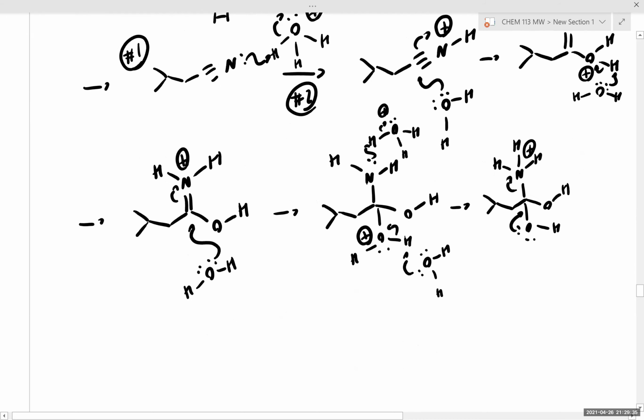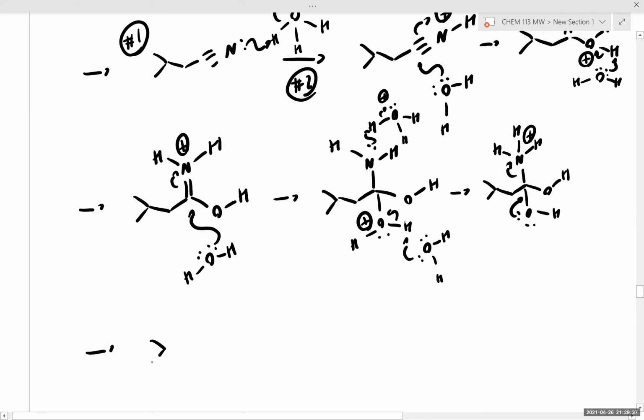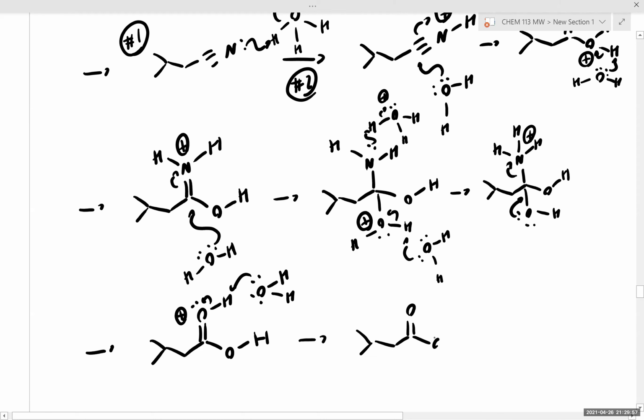From here, we can kick out our leaving group, and that gives us our desired carboxylic acid. To free up our lone pair and to get a neutral isolable product, we'll just pull off our last proton.